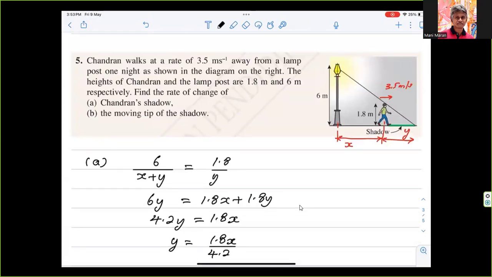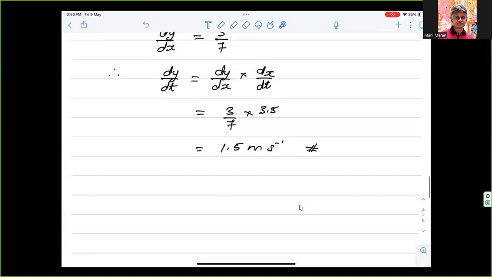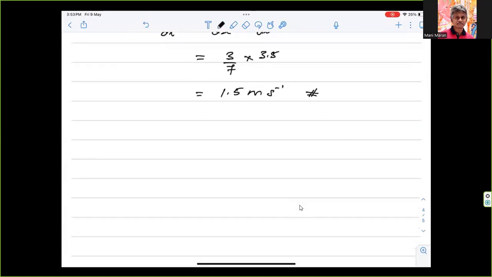In part B, you are asked to find the rate of change of the moving tip. The tip is located at a distance given by x plus y. Therefore, you are asked to find at what rate x plus y is changing.